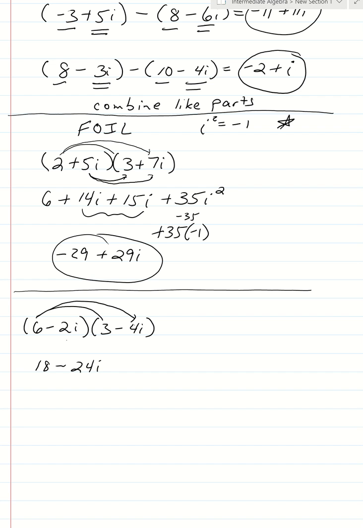Now we have to multiply the -2i with the 3. That's a -6i. And now we have to multiply the -2i with the -4i, and that would give us a positive 8i squared.